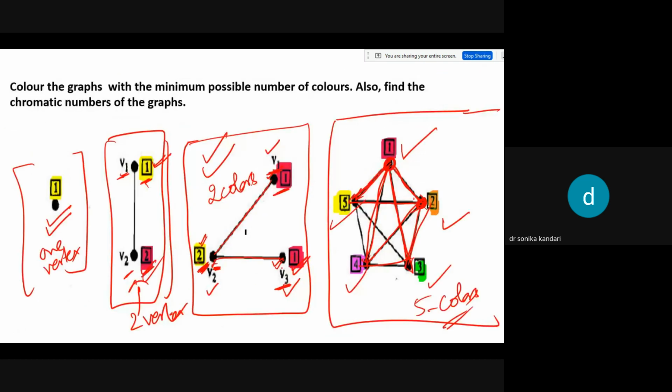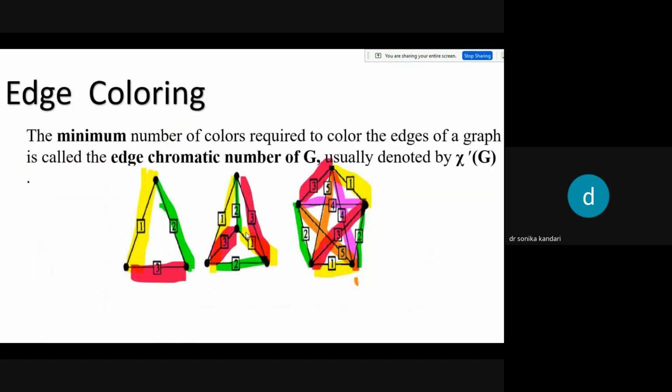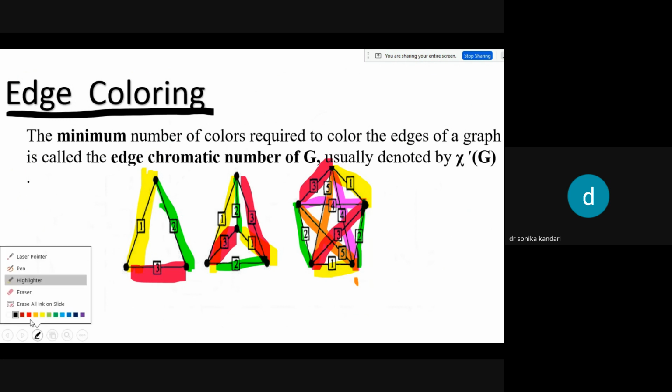Edge coloring means we have to color the edges. Edge coloring means the minimum number of colors required to color the edges of a graph, and this is known as the edge chromatic number of a graph.